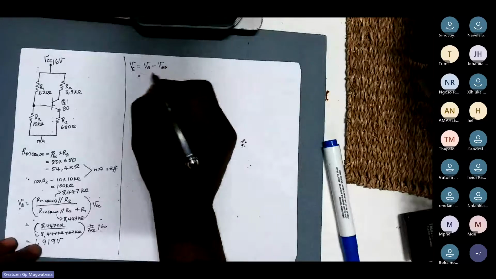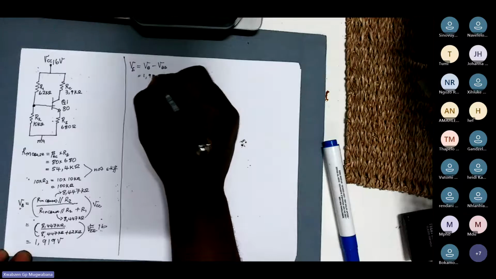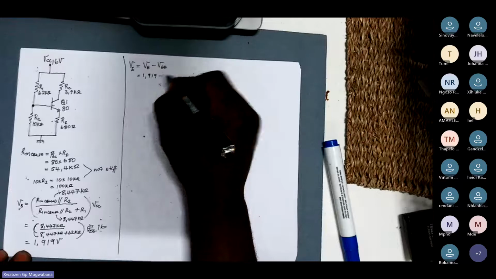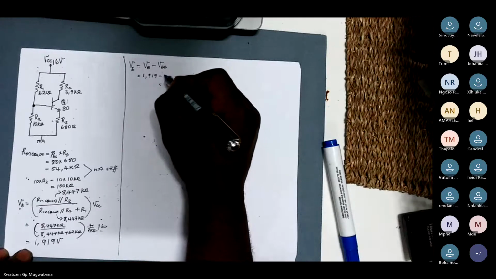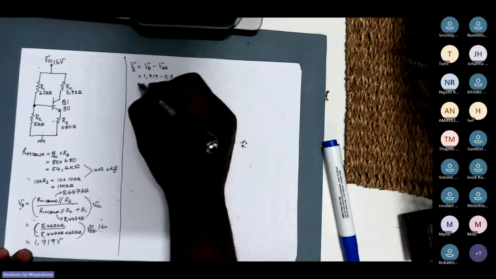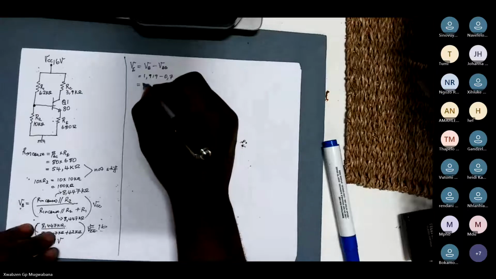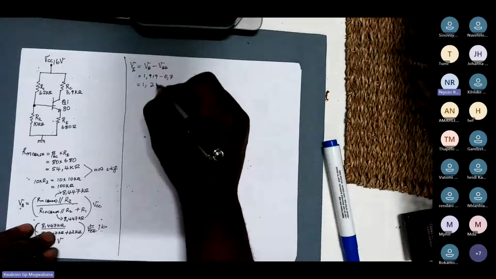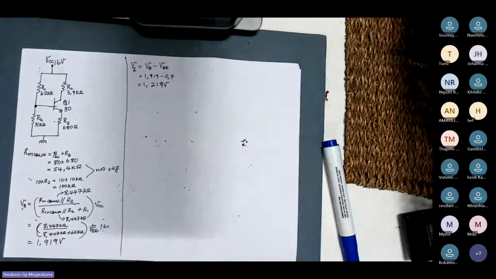Which is your 1.919 minus your VBE, which is what? 0.7, which gives you 1.219 volts. Are we together so far?